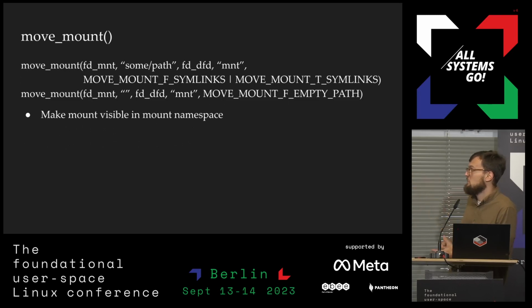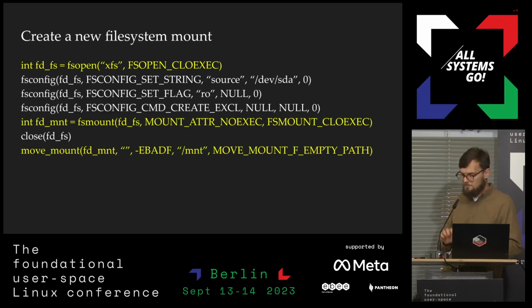Or if you don't need any subpaths, then you can just use move_mount with MOVE_MOUNT_F_EMPTY_PATH, and then it will just operate directly on the file descriptor. So what this allows you to do is attach the mount that you just created in a specific mount namespace.